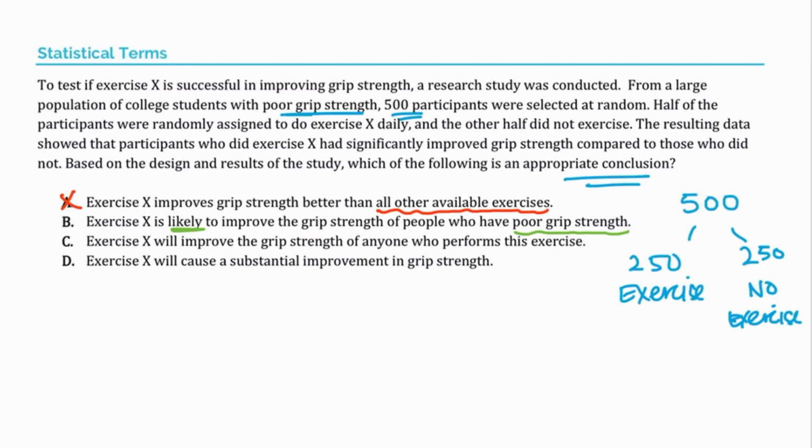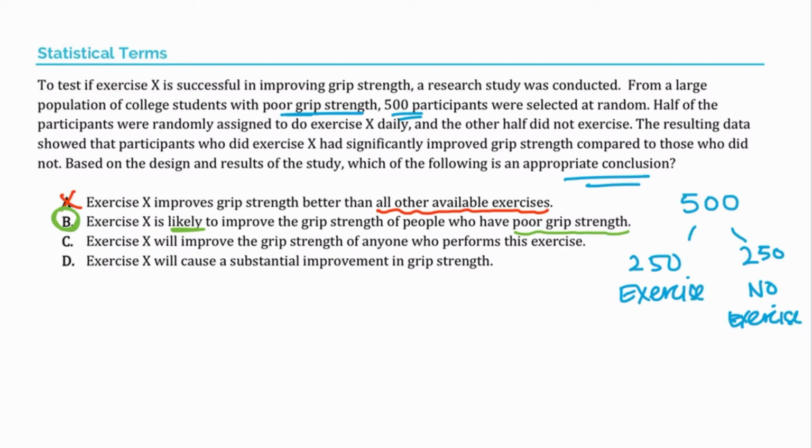We can't take this study where we only studied people with poor grip strength and then generalize to all people, even to people who have strong grips. So option B is definitely going to be the right answer because we're saying that it's likely that exercise X will improve grip strength only for people who have poor grip strength.